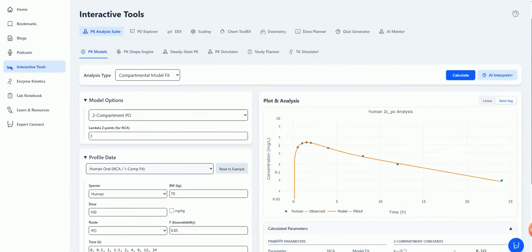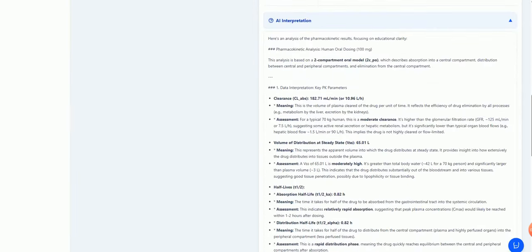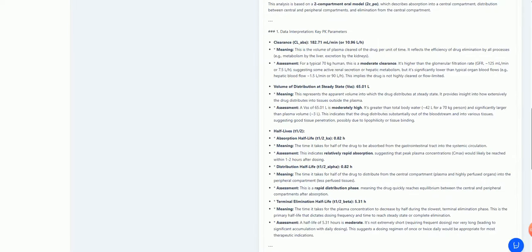But for a student or a chemist, what do these numbers actually mean? This is where Biofate AI shines. Click on the AI interpreter. The AI analyzes this data in real time.